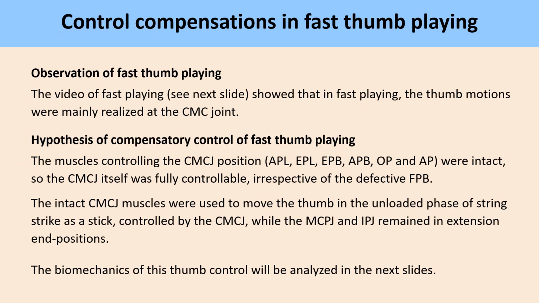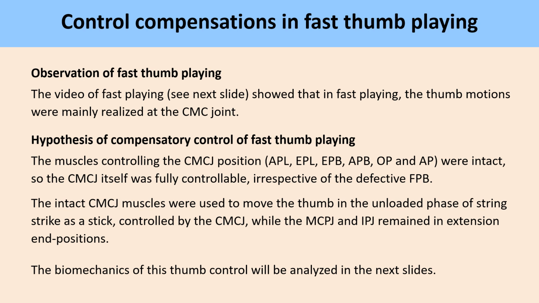Control compensations in fast thumb playing. The video of fast playing, see next slide, showed that in fast playing the thumb motions were mainly realized at the CMC joint. This led to the following hypothesis of compensatory control of fast thumb playing.